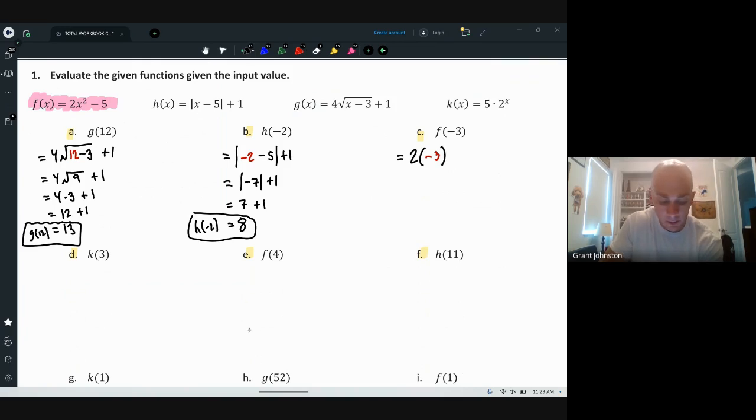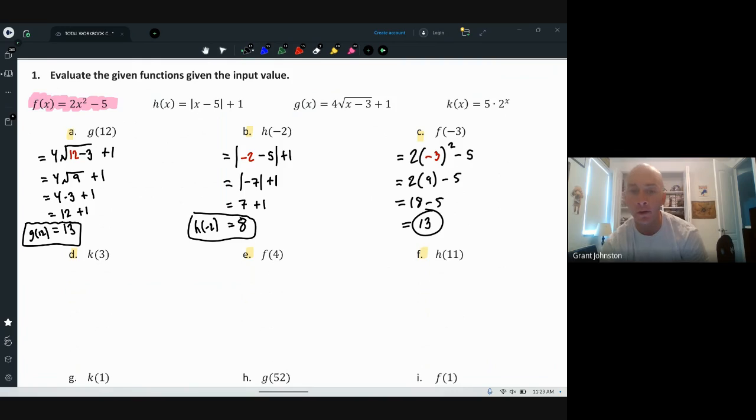Remember, we're just doing order of operations with all these problems, basically. So negative 3 to the second power is 9. I'm going to have 2 times 9 minus 5. That'd be 18 minus 5, which is 13. So f of negative 3 is 13.